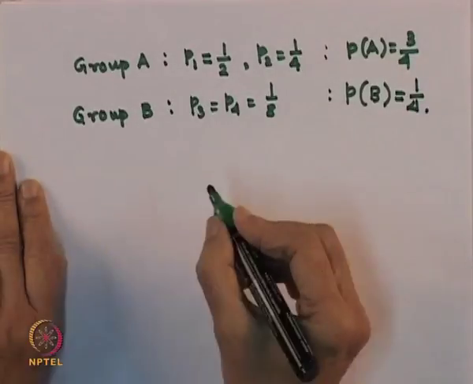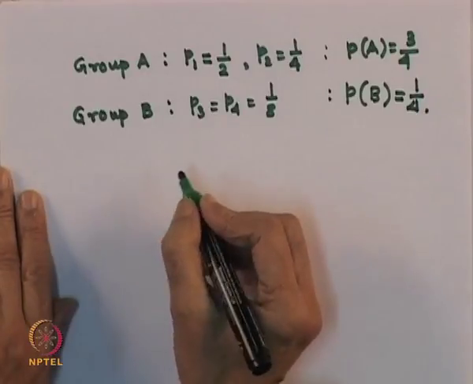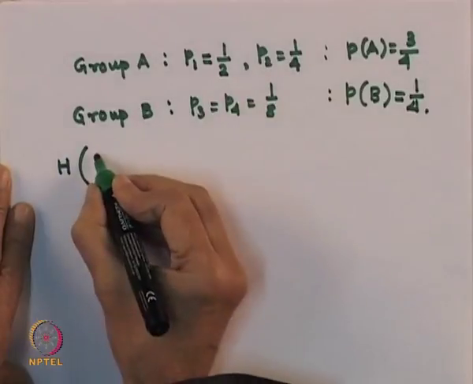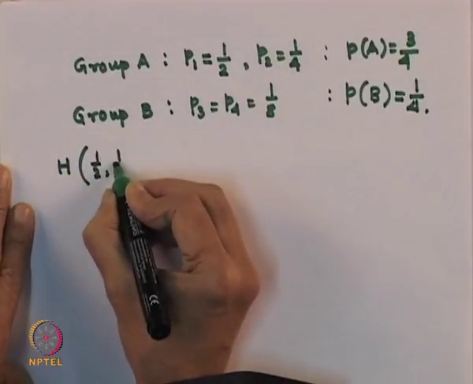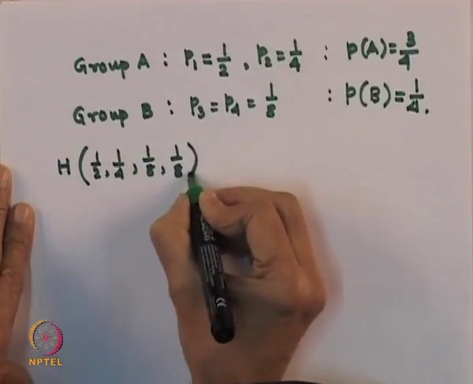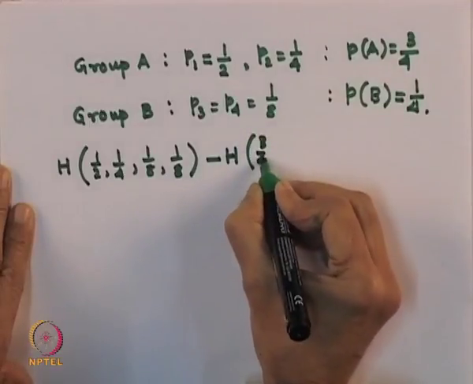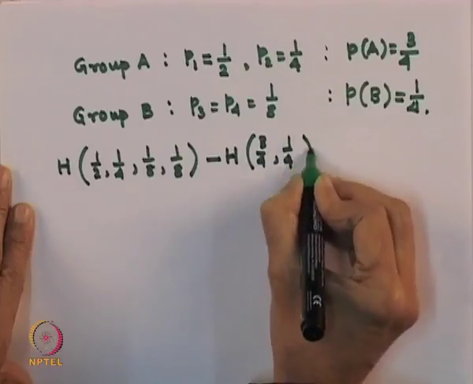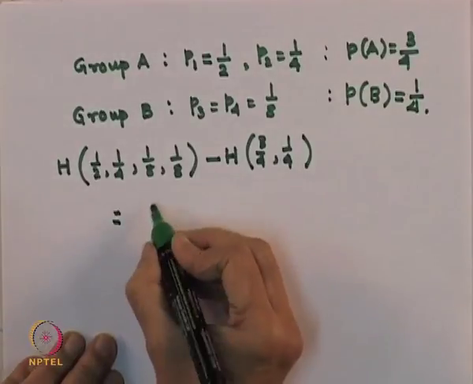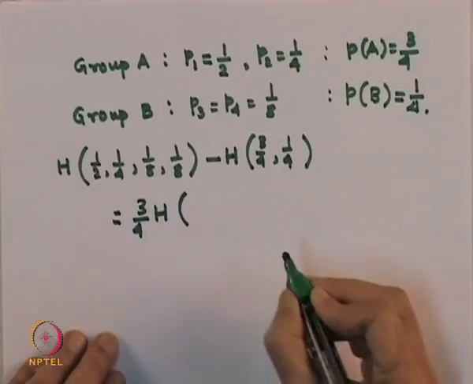So if I look at the total uncertainty for the whole event, what the grouping theorem tells me is H. Let me first write down all of them. So I've got H of half, 1/4, 1/8, 1/8. That would be equal to H of 3 by 4, 1 by 4, plus, choose the event A, which is 3 by 4, and now I need the probability within a group.